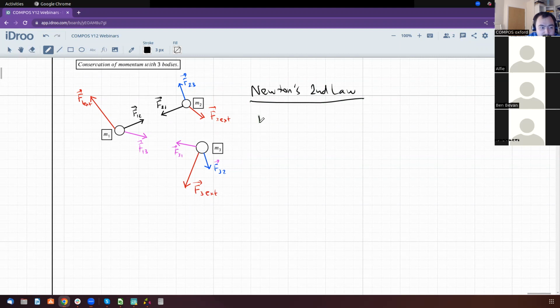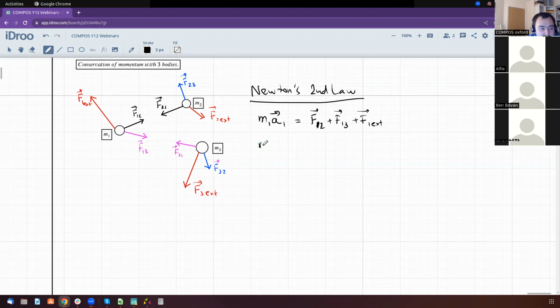So for object M1, M1A1 is equal to F21 plus F13 plus F1 external.